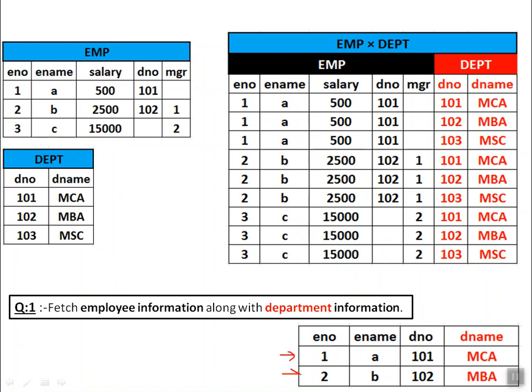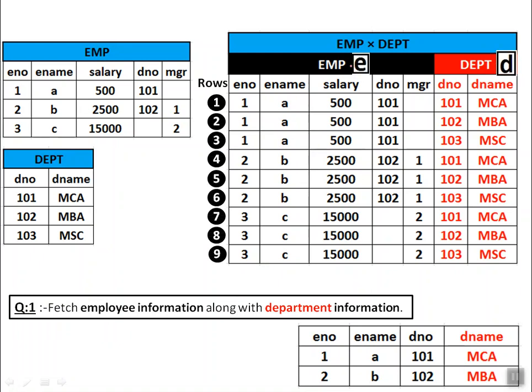Please identify which 2 rows are giving this result. Look at this. Employee number 1 working in department 101 is joined with all departments. So if you want to fetch the name, you have to join with only your department, not all departments. That is the logic you have to identify.